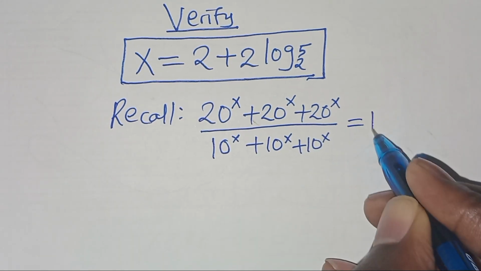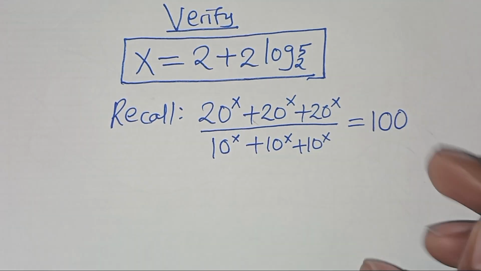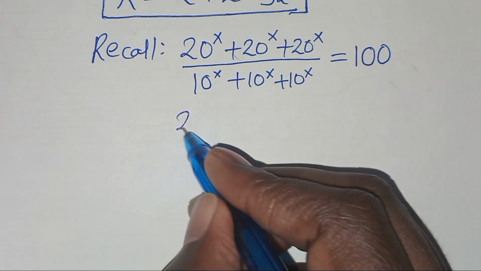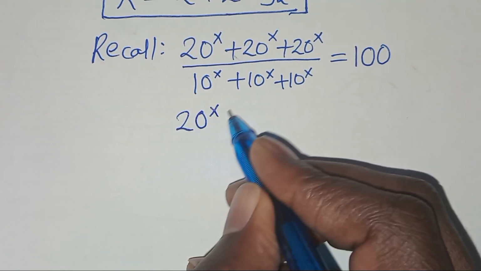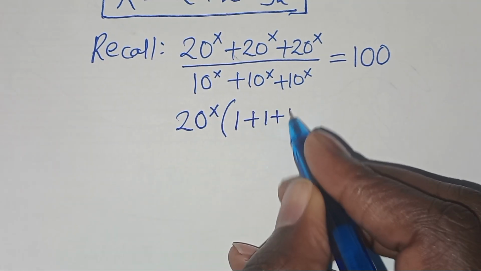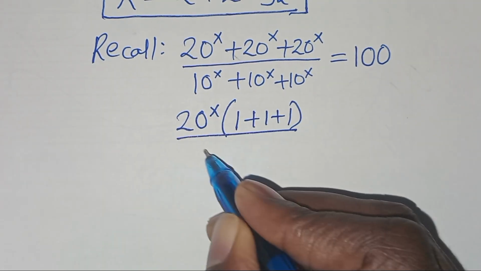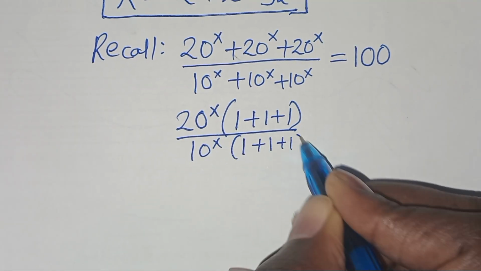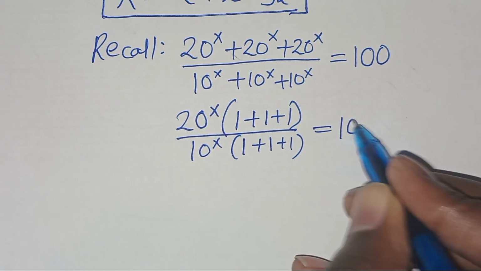This should give us a value of 100. We simplify this further to 20 to power x, which is common here, so this is 1 plus 1 plus 1 divided by 10 to power x, which is here 1 plus 1 plus 1. And this is equal to 100.